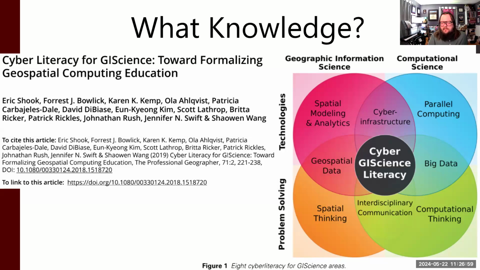So we have the tools that we're using and the way that we're solving problems. And we came up with this integrated overlap of all those different things and came up with 8 different areas of cyber literacy. So you can see in our lovely colorful bubble that where GIS and technologies align, we call that spatial modeling and analytics. Where problem solving, GIS, and computational science all overlapped, we said that was interdisciplinary communication.